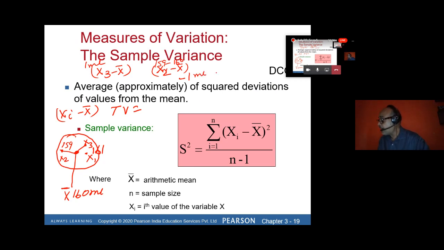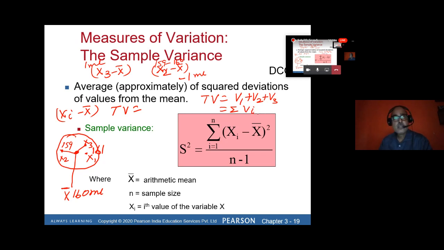To find the total variation of this basket, you have to add all the variations. So total variation is the sum of all Xi minus X bar.